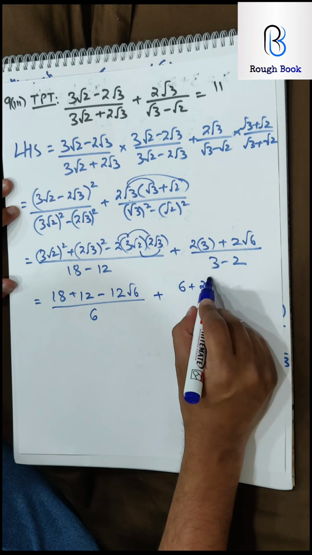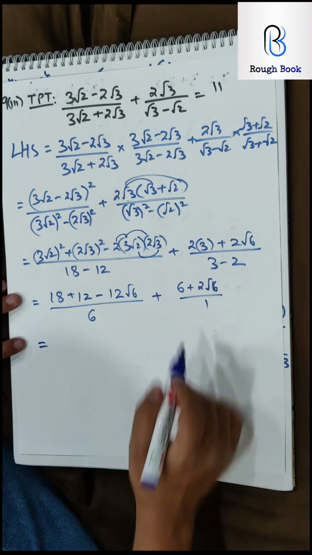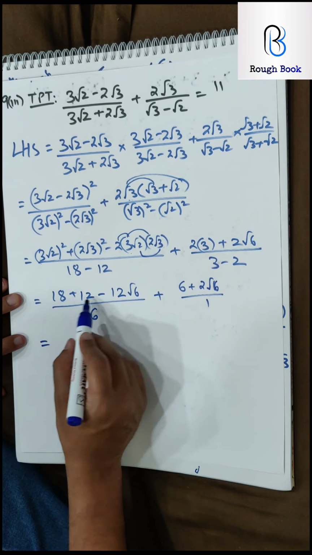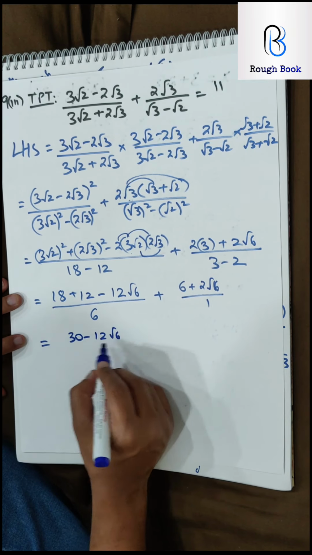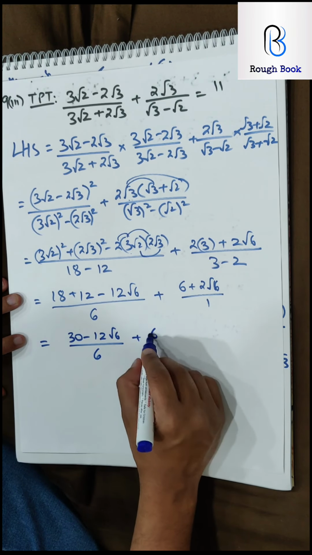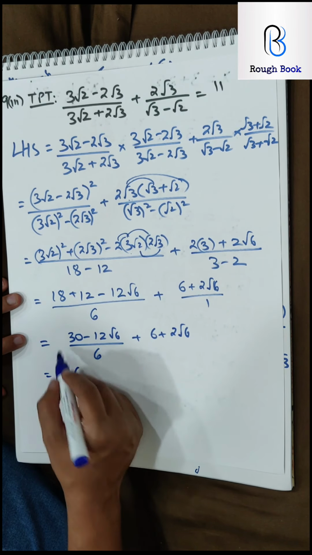6 plus 2 root 6 upon 1. I hope we achieve this somehow. I mean, obviously logically. This is going to be 30 minus 12 root 6 upon 6 plus 6 plus 2 root 6. I can pull 6 common so that we can cancel.